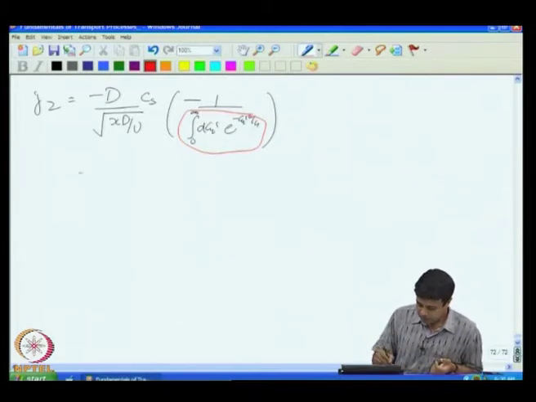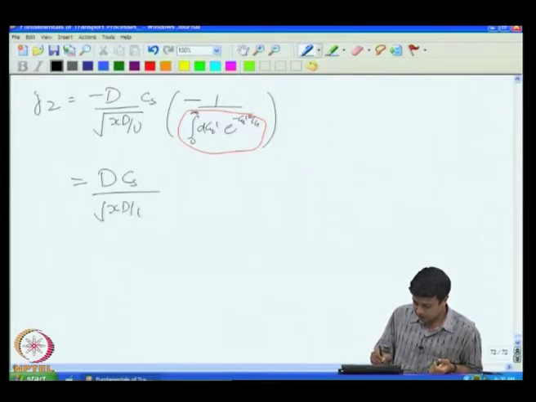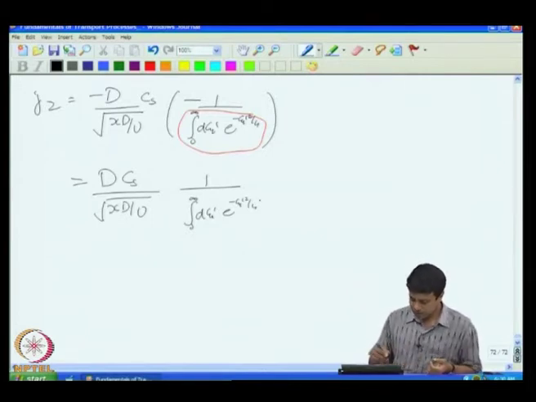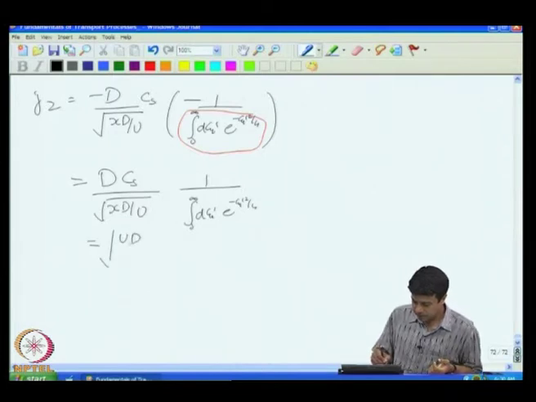So, therefore, this is equal to D Cs by square root of x D by u times 1 by integral 0 to infinity d psi prime e power minus psi prime square by 4. I can also write this as square root of u D by x into Cs into 1 by integral 0 to infinity.